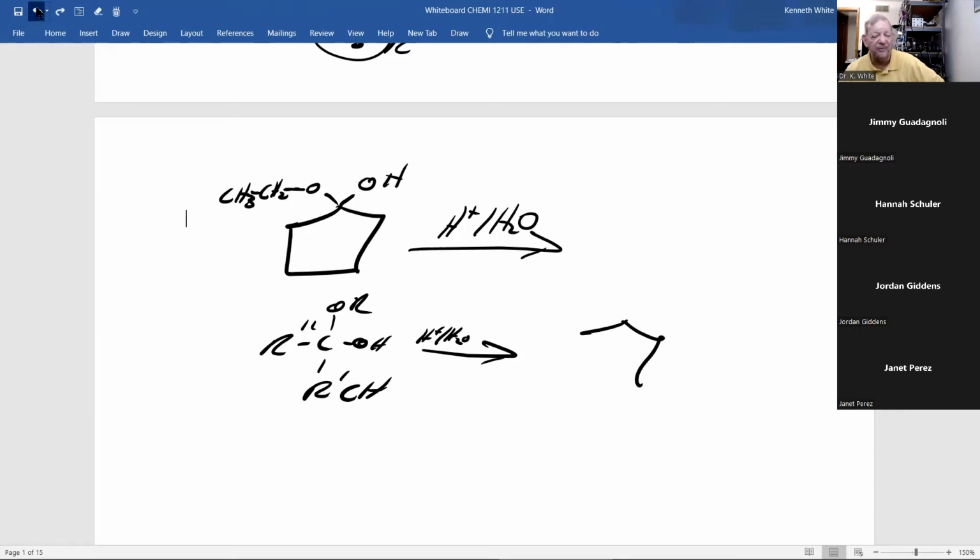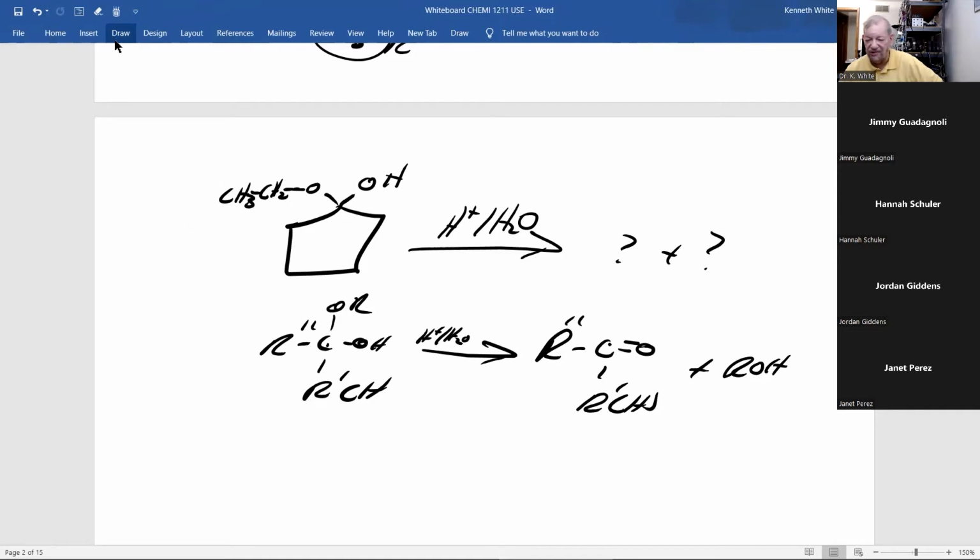I'm helping you out too much. Keep your eye on the carbon with two oxygens, becomes this carbonyl. And you get this alcohol. So what I should have done here is this. And there you go.